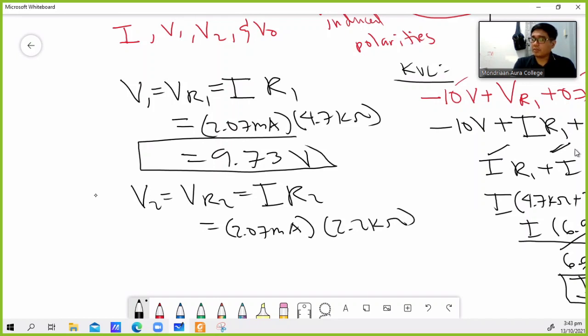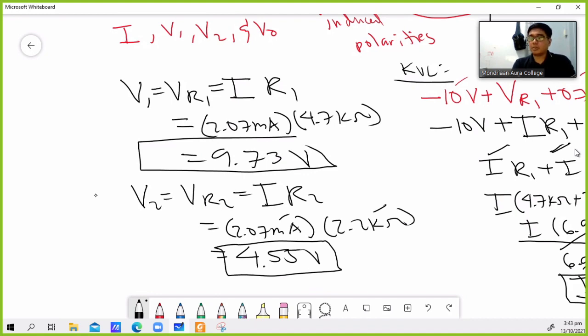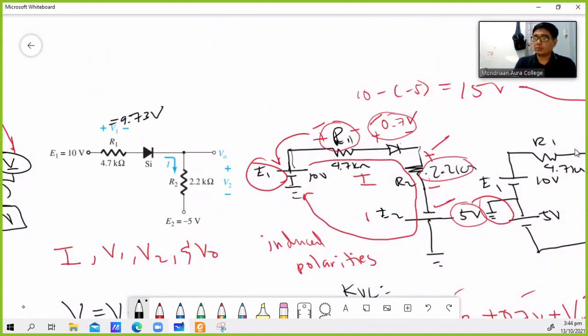So again, milliamperes times kilo ohms, automatic naka-volts yan. 2.07 times 2.2 is equal to 4.55 volts. So ito daw yung voltahe, the induced voltage across R2.